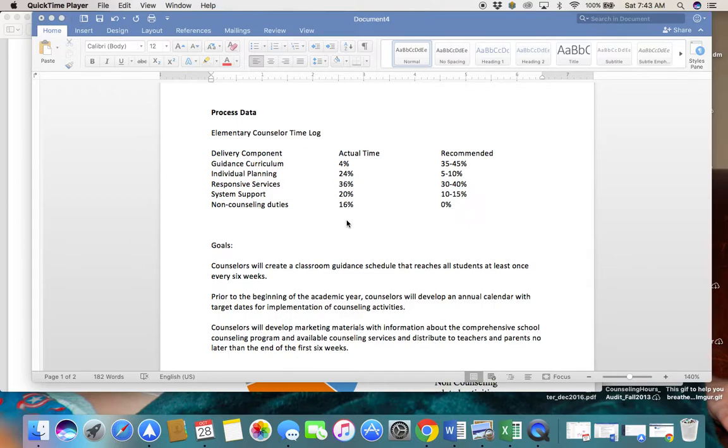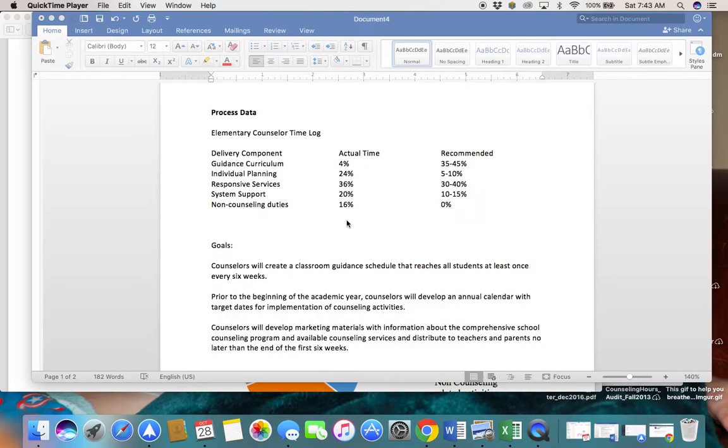So the first thing, and only those that were in the group where Monica was, did we have an actual time log. What I'd asked was that if you're working as a practicing counselor, which Monica is the only one, to keep the time log. Your time log is an example of what we call process data.